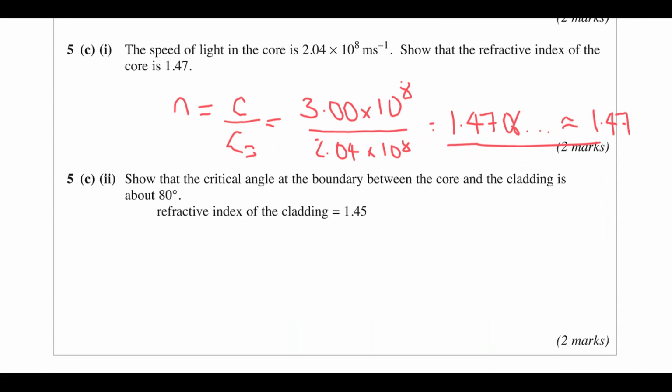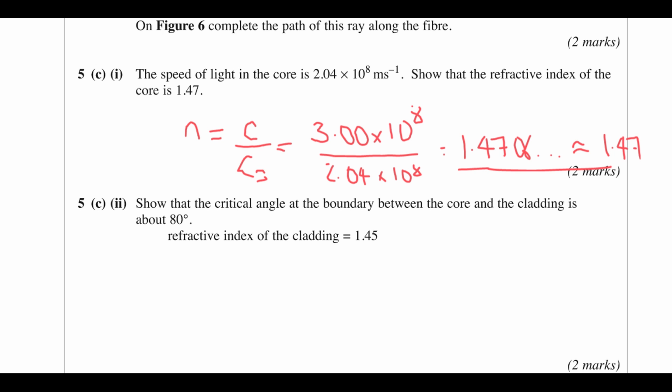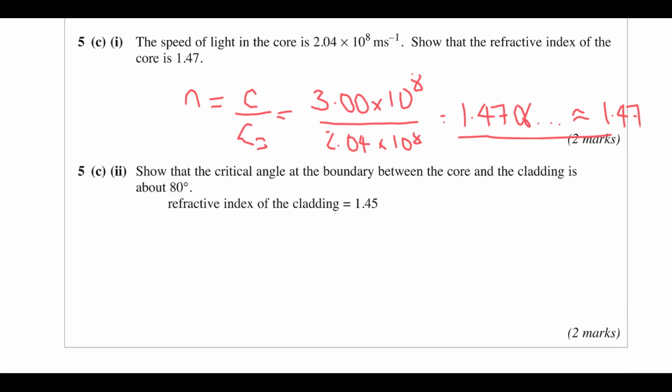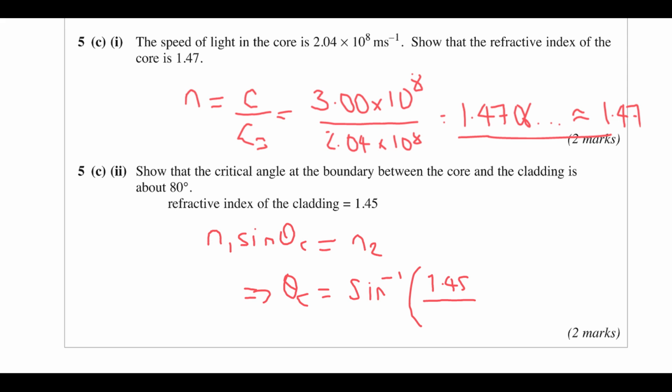Show that the critical angle at the boundary between the core and the cladding is about 80 degrees. So when we have critical angle, that's just equal to this because the angle of refraction is 90 degrees. So we can get the critical angle is going to be the inverse sine of n2 over n1, so it's going from the core into the cladding, so n2 is going to be the cladding, and the core is going to be 1.4706, yeah.